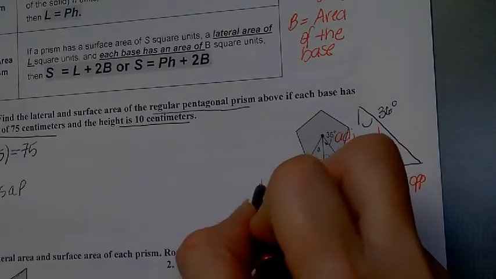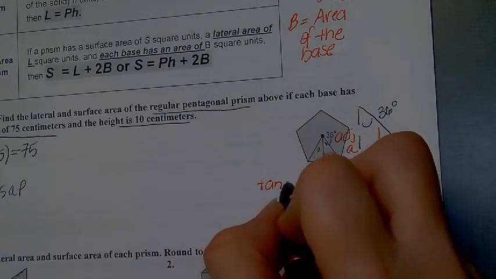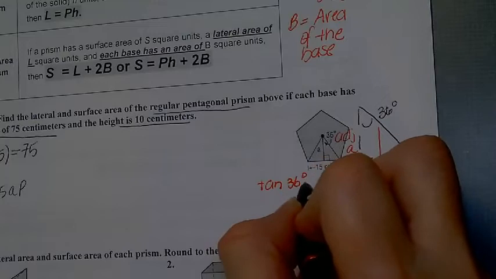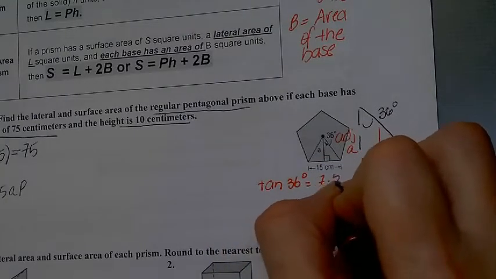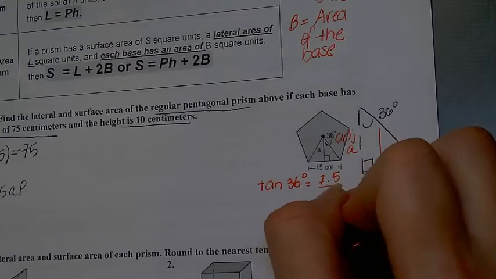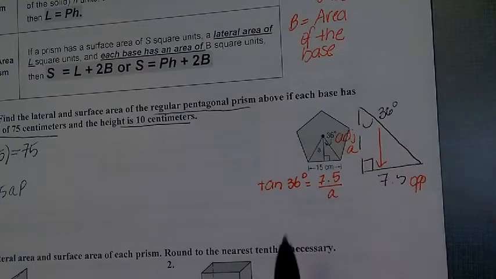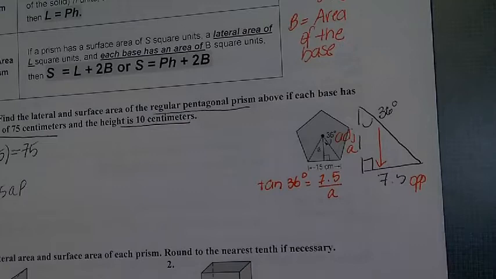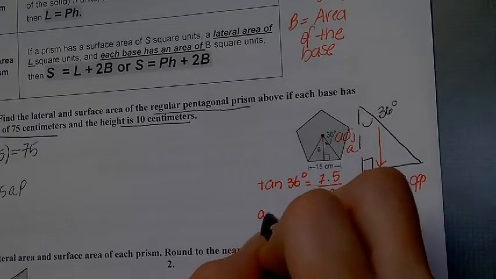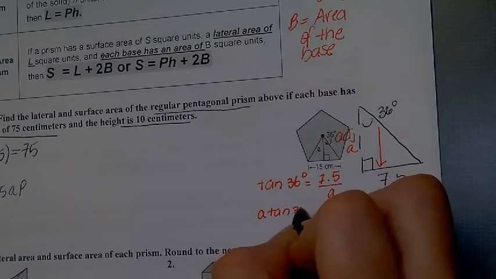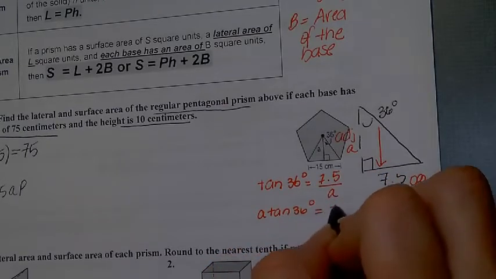So we're going to write tangent 36 degrees equals 7.5, my opposite, over my adjacent, which is what I'm trying to find, A. And then remember, we cross multiply to solve for A. So this is A tangent 36 equals 7.5.